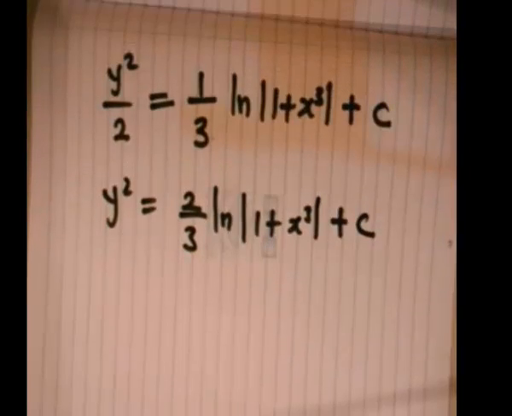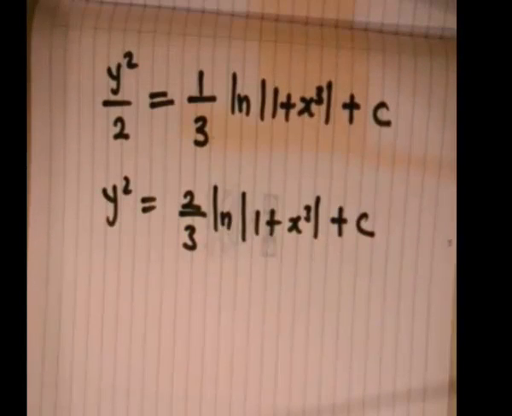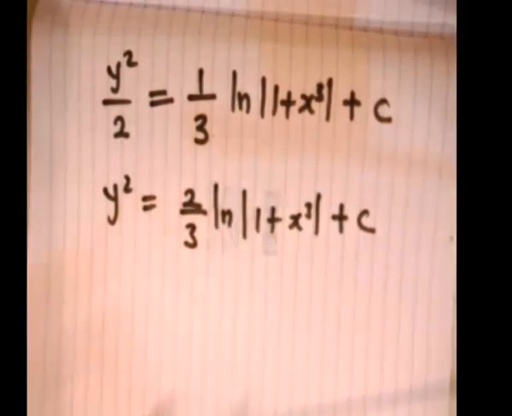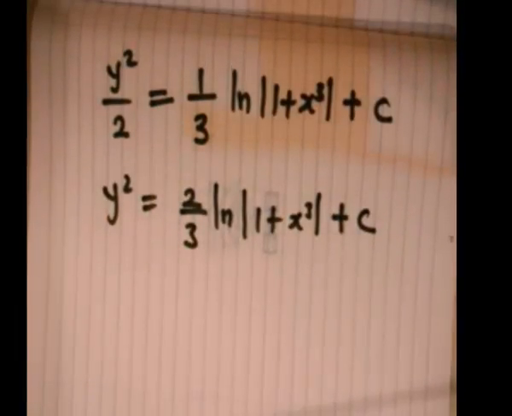The absolute value is to help us eliminate the possibility of having negative values for 1 plus x cubed. This is taken. Ln of a negative value is undefined. So whatsoever the value of 1 plus x cubed is, we are looking at the absolute value of it, then find the ln of that.